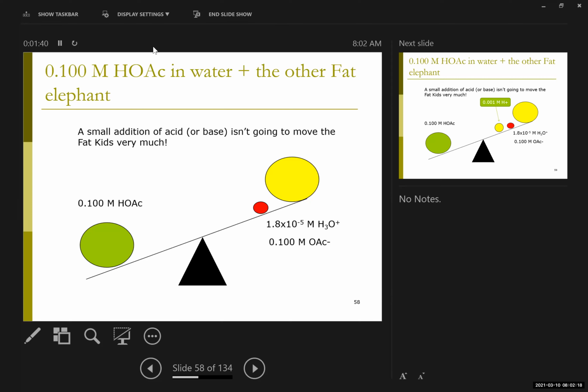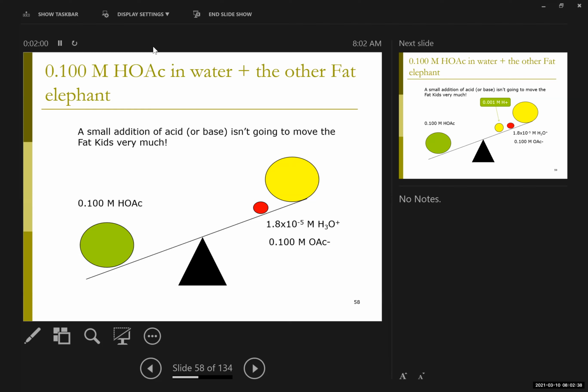And because of that, my equilibrium position is largely determined by those large amounts of the conjugate pair, right? In and of itself, it's just a regular old equilibrium with slightly different initial conditions.